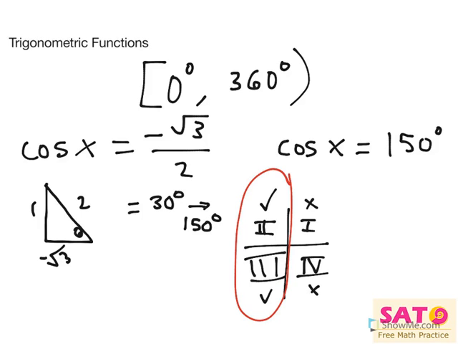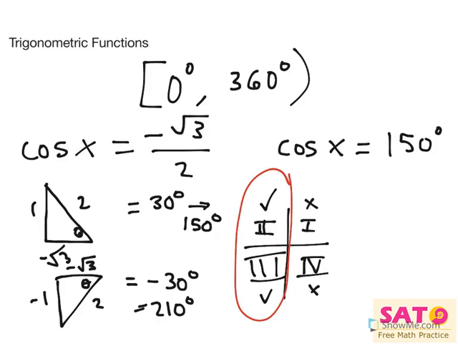For quadrant 3, it would be a triangle such as this, with theta here. Same thing, negative square root of 3 and 2, and this side would be negative 1. And we would get negative 30, also known as 210 or negative 150.